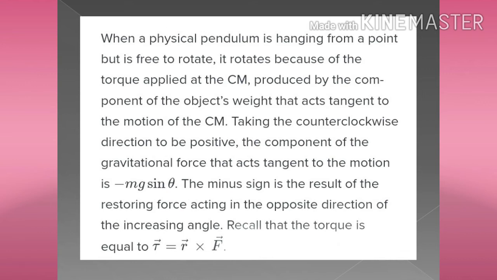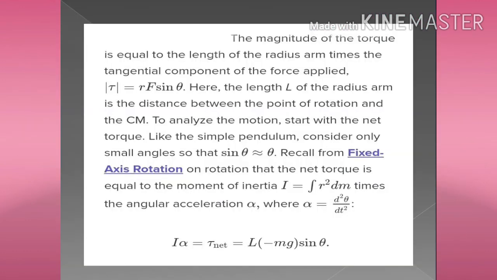The minus sign is the result of the restoring force acting in the opposite direction of the increasing angle. Recall that the torque is equal to τ is equal to r times force. The magnitude of the torque is equal to the length of the radius arm times the tangential component of the force applied.